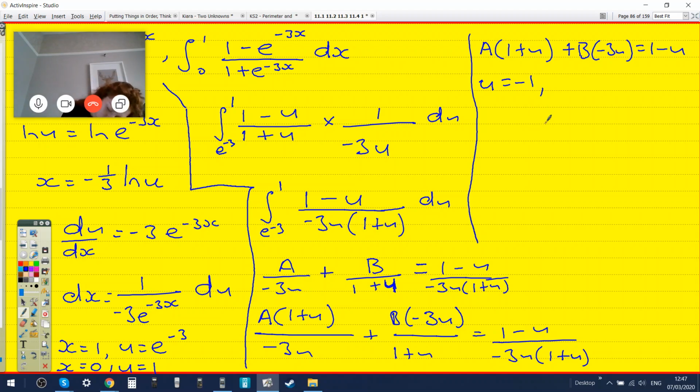So then that would become, so the a cancels out, and then it would just be minus 3 is equal to 3b. I believe it would be 3b is equal to 1 minus minus 1.